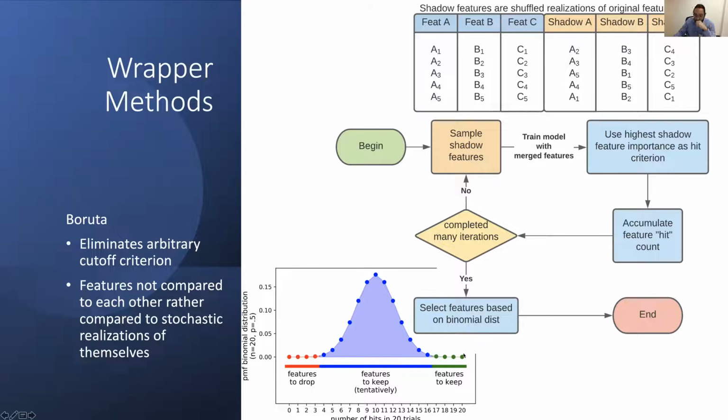And if it's less than 0.05, then you keep the feature, right? If it got 15 out of 20 hits, that's significant. And those features that were on the other side of the tail, you drop. And everything in between, Boruta actually tells you that it keeps them as tentative, but I also just get rid of them. I only keep the significant features.